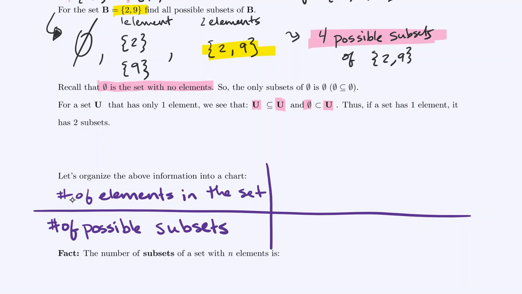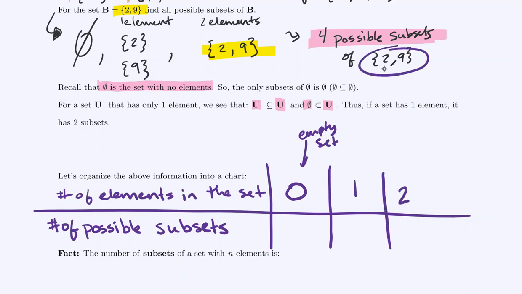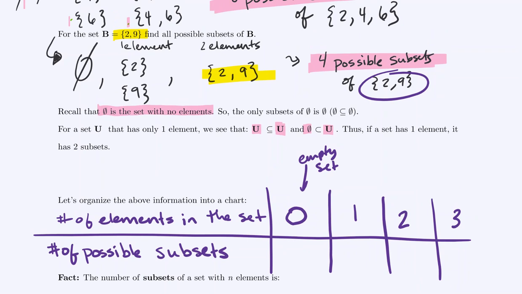So let's think, what's the smallest number of elements in a set? The smallest number is 0, if your set is the empty set, right? There's nothing there. And then you could have a set with only one element, a set with 2 elements, like our {2, 9}, or a set with 3 elements, like our {2, 4, 6} set, and it could keep going on and on like that.